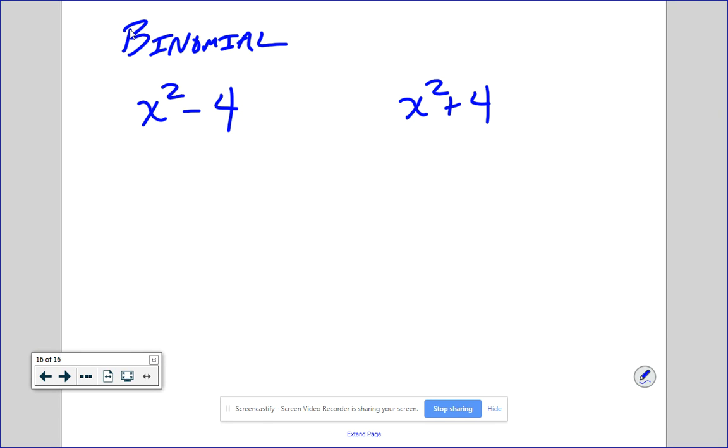With addition and with subtraction. Now, can you have lead coefficients? Can you have numbers out front here? Yeah. But for the sake of what we're doing, not that big of a deal. So when you have a binomial, first thing you need to do every time is factor out the GCF. Every time. Whether it's addition or subtraction, doesn't matter. Always find that GCF first. That's always step 1.